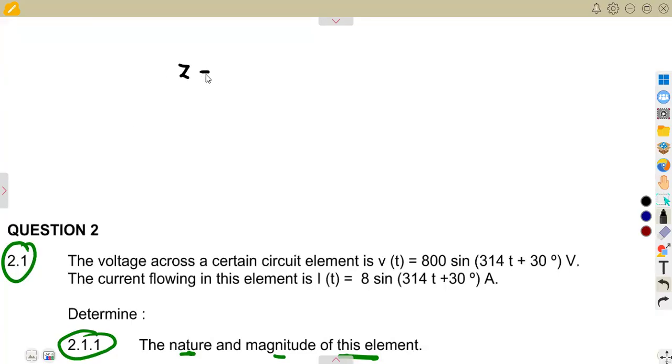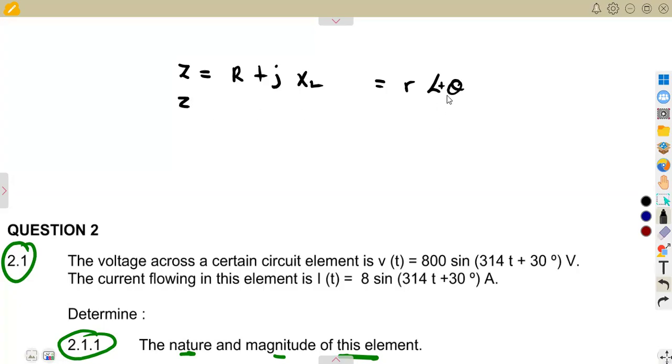If your impedance is equal to R plus jXL like this, where you are given a plus, it means that is from an inductive circuit. An inductive circuit can actually be written as R angle theta, with theta being positive.